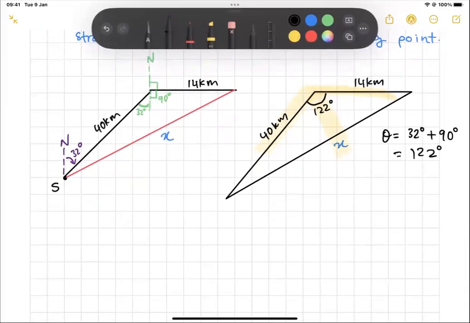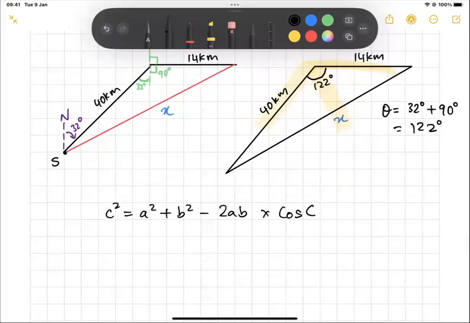Trying to find an unknown side, so it's going to be c squared equals a squared plus b squared minus 2ab times cos C. Let's substitute. x squared equals 40 squared plus 14 squared minus 2 times 40 times 14 times cos 122.